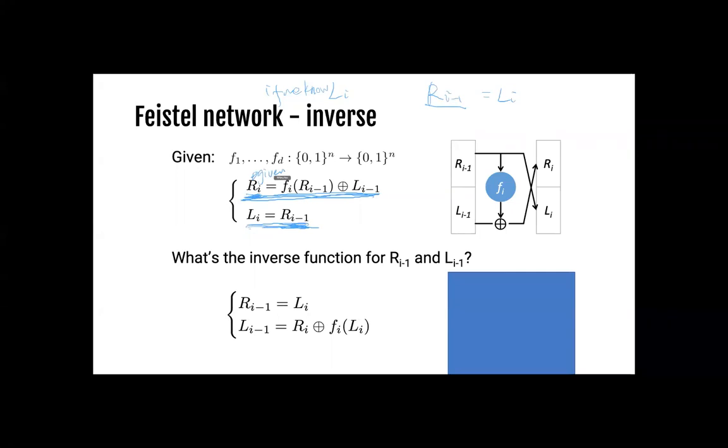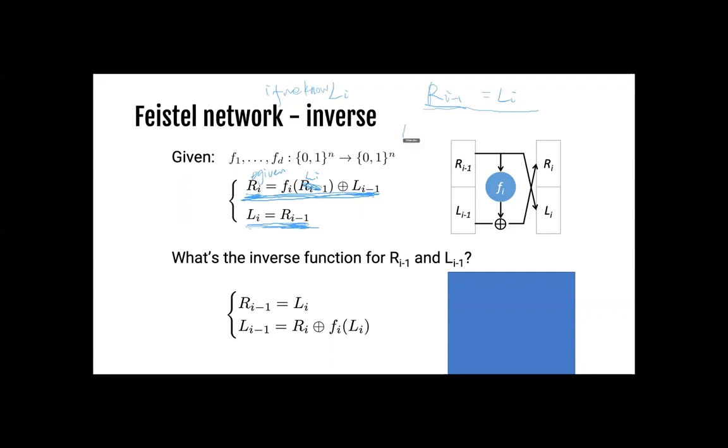For Ri minus 1, it's unknown, but we get from the other equation that Ri minus 1 is equal to Li. So we just change this to Li now, which is also given, right? And then we want to calculate Li minus 1. You just XOR Fi Li on both sides again.